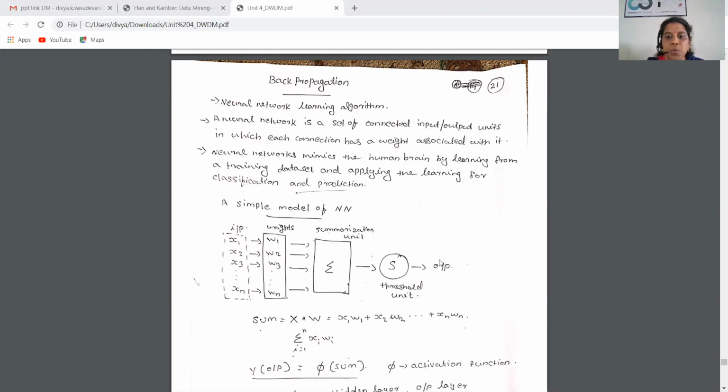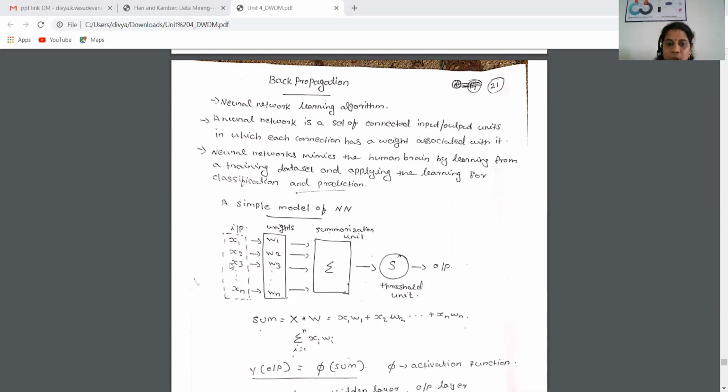In between input and output, we have the neural network connections. The inputs are given to a set of weights W1, W2, W3, etc., Wn, which feed a summation unit called sigma. After that, this is given to a threshold unit called S, and from there we get the output.